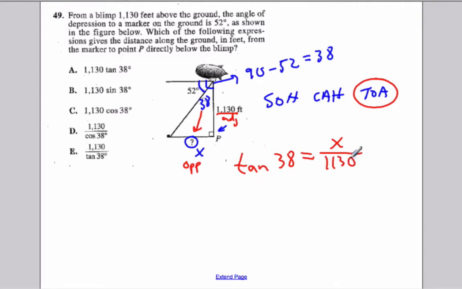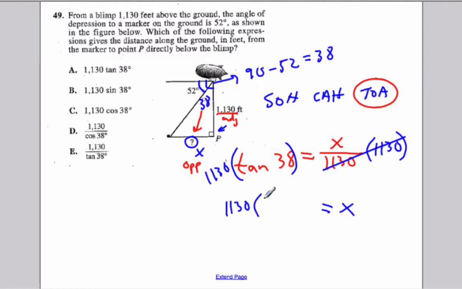To solve for x, we go ahead and multiply both sides by 1,130. Whatever you do to one side, do to the other. That will cancel that out and leaves us with x is equal to 1,130 times the tangent of the angle of 38 degrees.